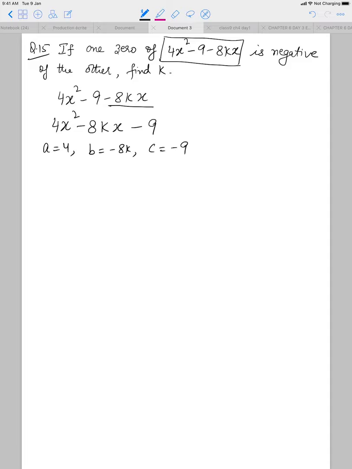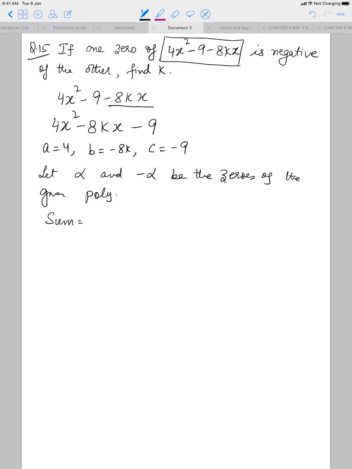Now what is given to us? One zero of this polynomial is the negative of the other. So what do we assume the two zeros as? Let alpha and minus alpha be the zeros of the given polynomial. If you want, you can name it in the beginning itself. So what is the sum?